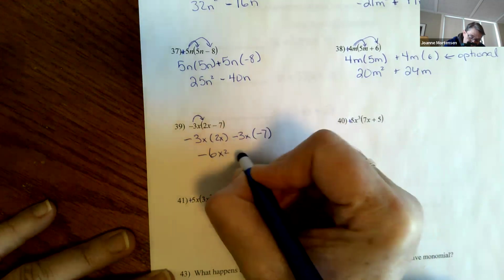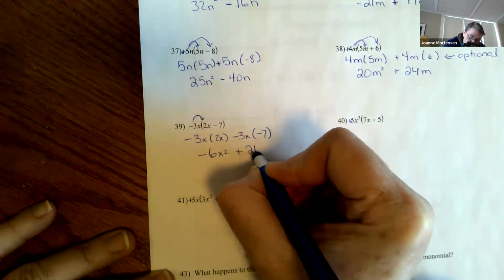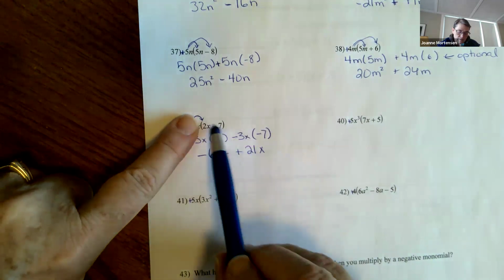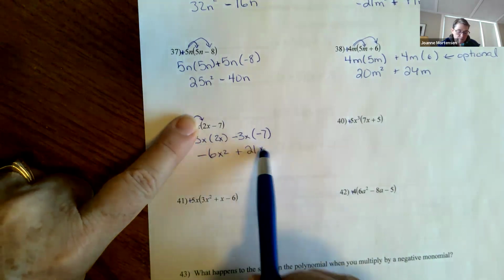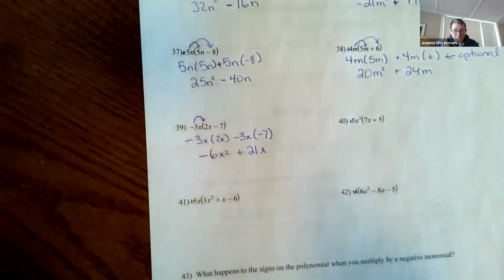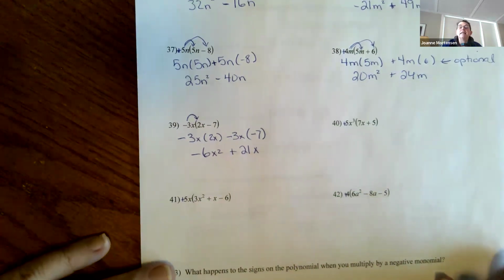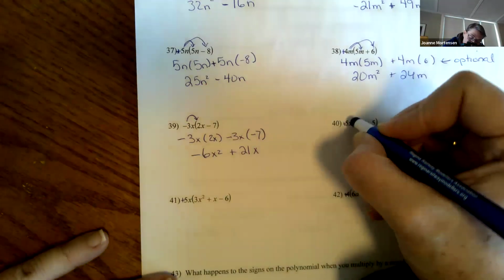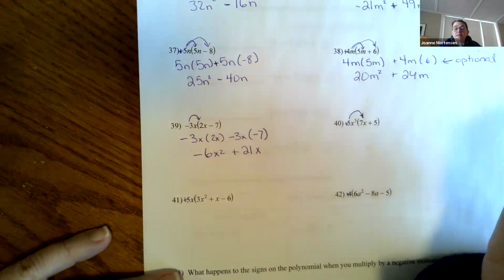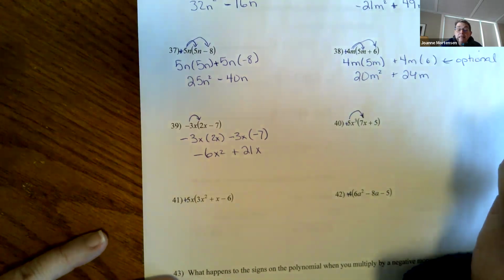Negative 3 times negative 7 is plus 21x. So if I look here, 2 terms, 2 terms. This was a positive, now it's the opposite. This is a negative, now it's the opposite. Not going to be a sign error that's going to make my mistake. I think I gave you too many of these that are really easy, so you should be really good at it.